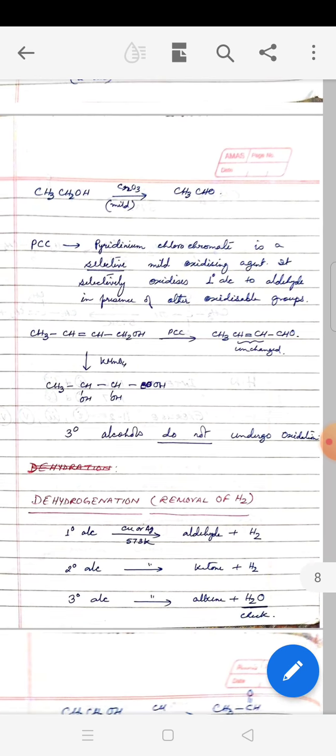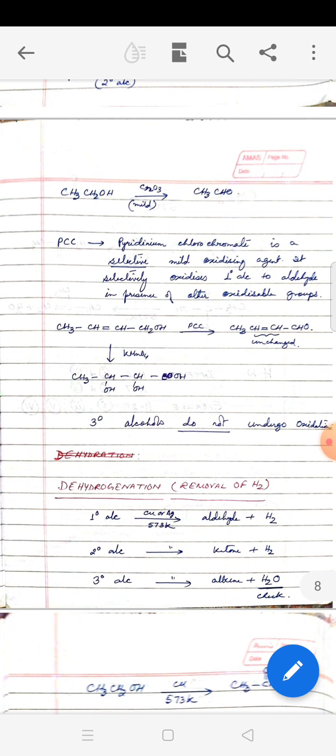Our next category of reaction is dehydrogenation, that is removal of hydrogen. Both oxidation and dehydrogenation, the products are similar, but the thing is, in oxidation the byproduct formed is water because there is a source of oxygen, and dehydrogenation is just removal of hydrogen. As you know, one of the definitions of oxidation is removal of hydrogen.